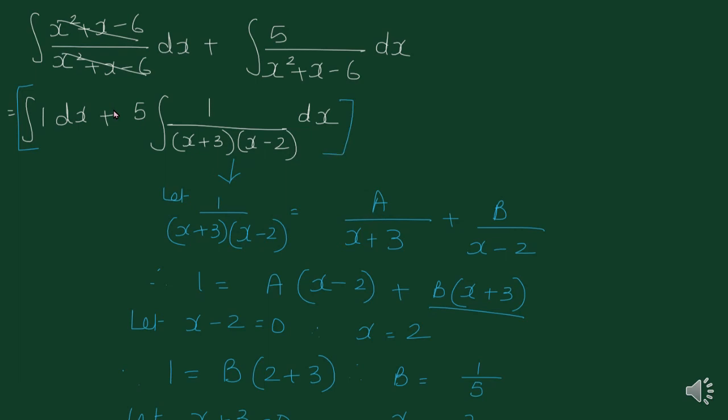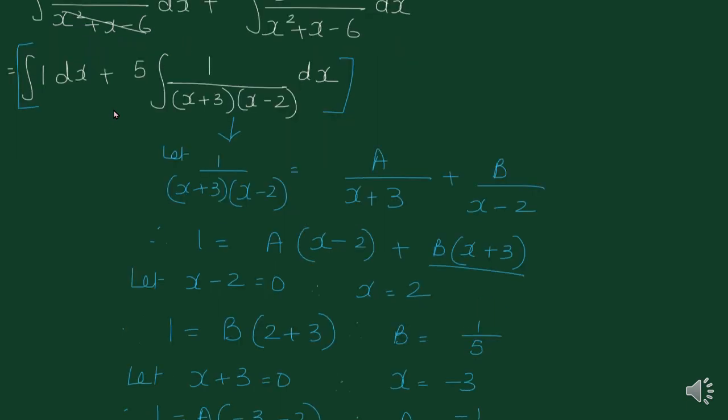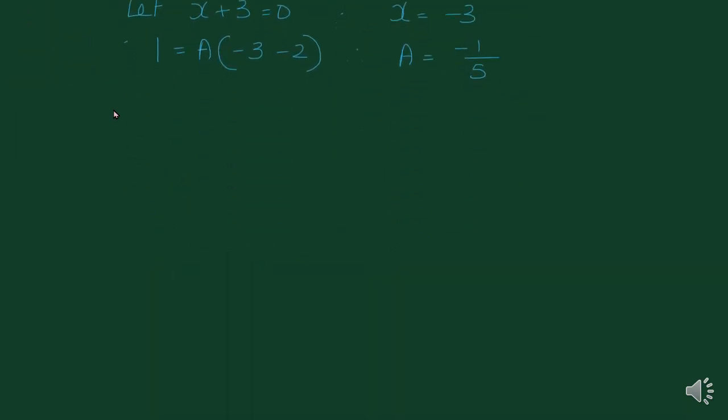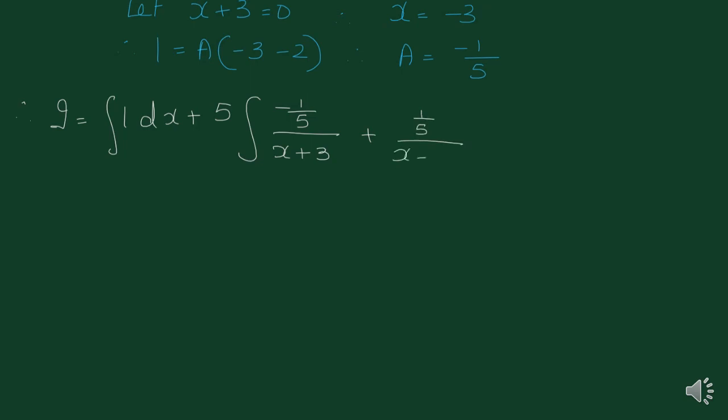Now we modify, so our integral becomes again I = the integral of 1 dx plus 5 times the integral of −1/5 upon the denominator x + 3, plus again the b term, that is 1/5 upon x − 2 dx.